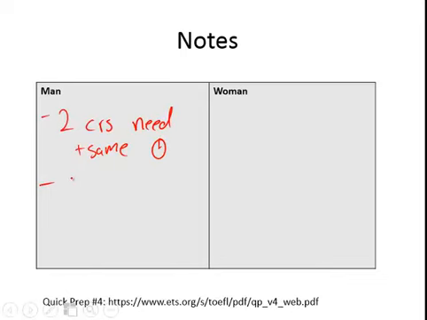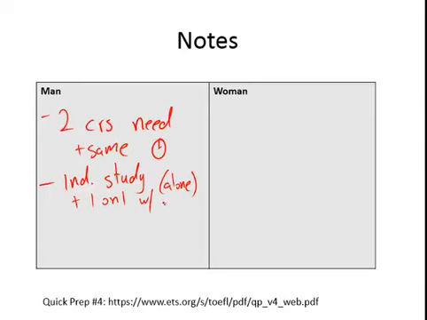He says the professor told him that he could do an independent study, that is, studying alone, and he could have one-on-one meetings with the professor. That's one-on-one with professor.